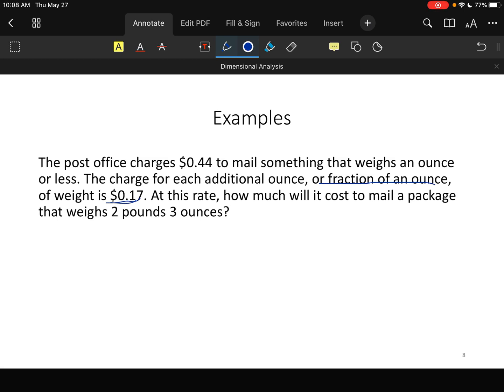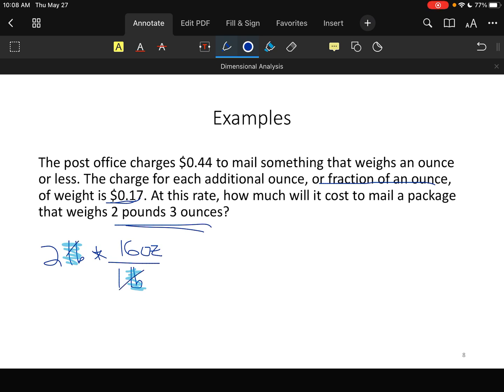Okay, so now notice the post office is charging by the ounce. Our package has pounds and ounces. So the first thing we're going to do, we're going to take those 2 pounds, right? And we're going to convert it to ounces. So 1 pound is 16 ounces. And these are dry ounces, okay? The pounds, they're going to cancel.